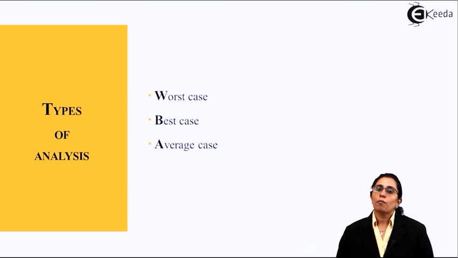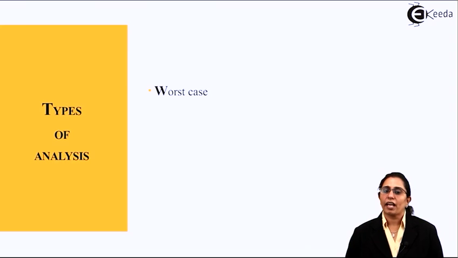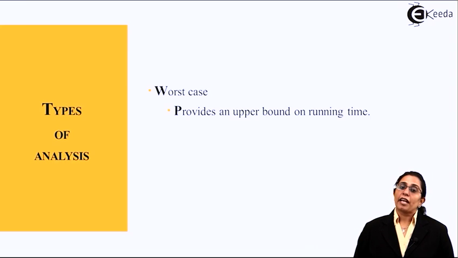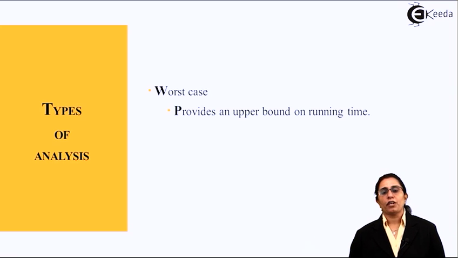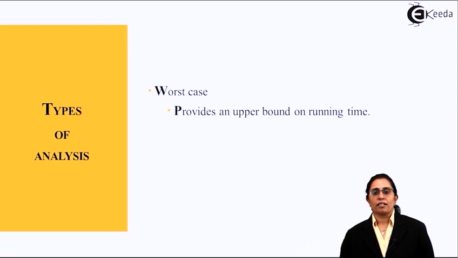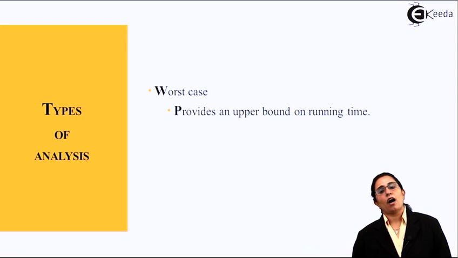Now what do you mean by the worst case analysis? The worst case analysis for any algorithm provides an upper bound on the running time. That is, it takes a large amount of time for any input data to run and give us a prescribed output.